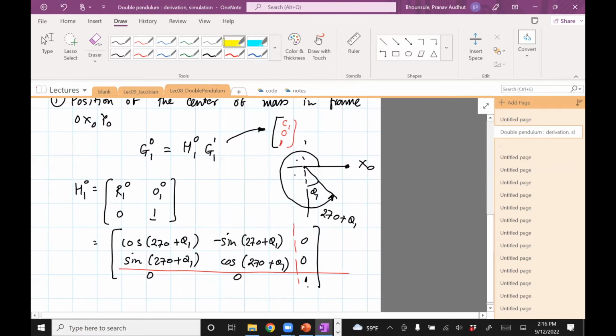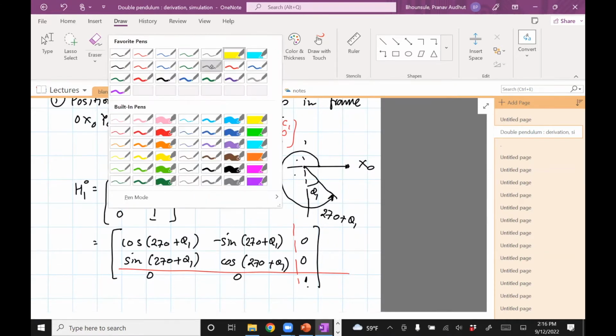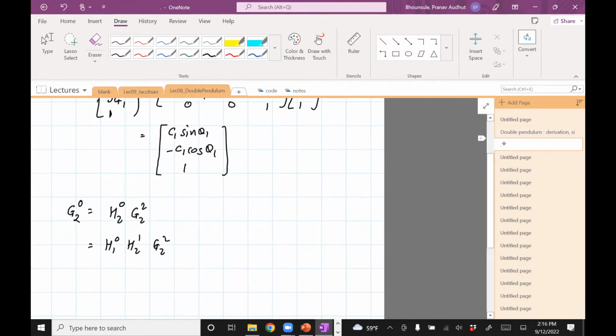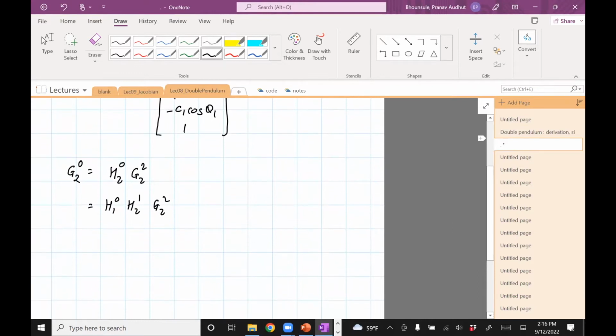Sorry. Okay, so that's just the rotation matrix.